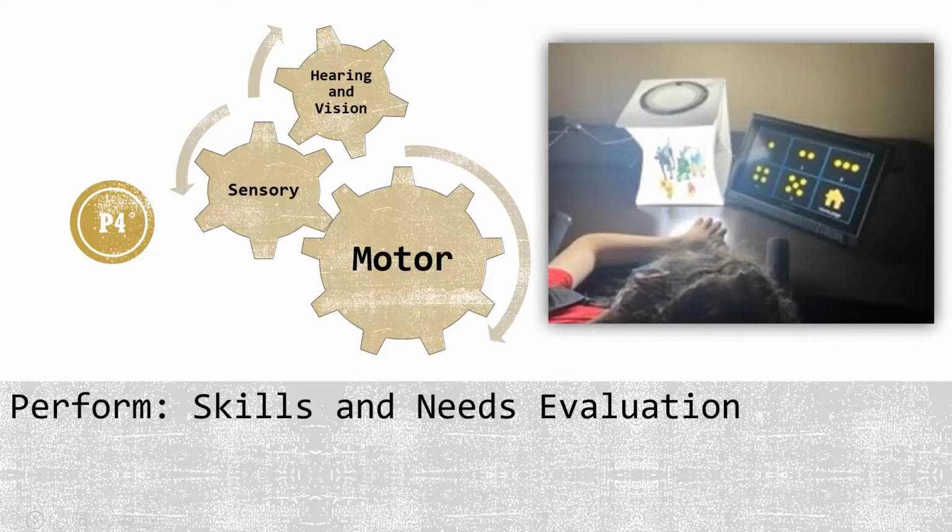We might not be formally testing these things, but we definitely want to call upon our other providers, our OTs and our PTs, and the clients themselves and caregivers to give us information about past hearing and vision testing, and also how they're able to ambulate and access their environments around them from a motor perspective, because that's going to really guide how they can access their AAC systems.